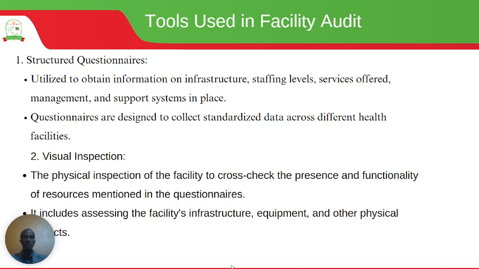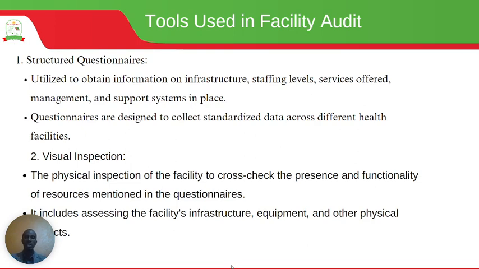Then another tool that can be used in health facility audit is what we call the visual inspection. And this is where sometimes the public health officials come in, where we physically inspect the facility to cross-check the presence and functionality of the resources mentioned in the questionnaires.